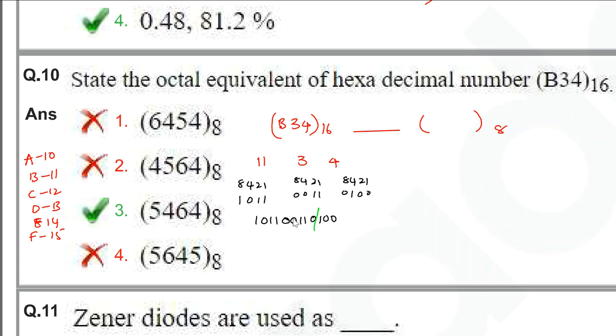Now write the equivalent decimal value for each group: 4 plus 1 is 5, 4 is 4, 4 plus 2 is 6, and 4. So the equivalent octal value is 5 4 6 4.